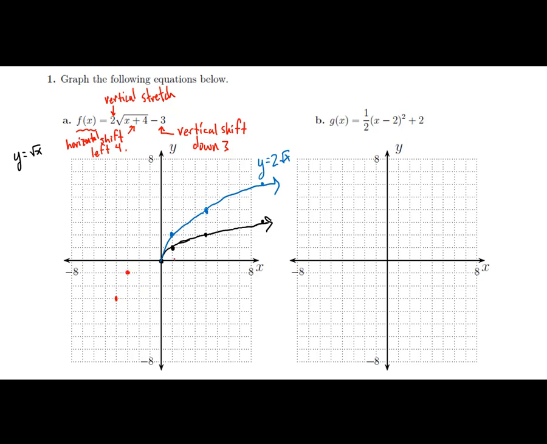My blue one over here went over 4, up 4, so I'm also going to go over 4 and up 4. And this one went over 9 and up 6, so I'm also going to go over 9. So 5, 6, 7, 8, 9, and up 1, 2, 3, 4, 5, 6. And so this is going to be my function after being transformed.